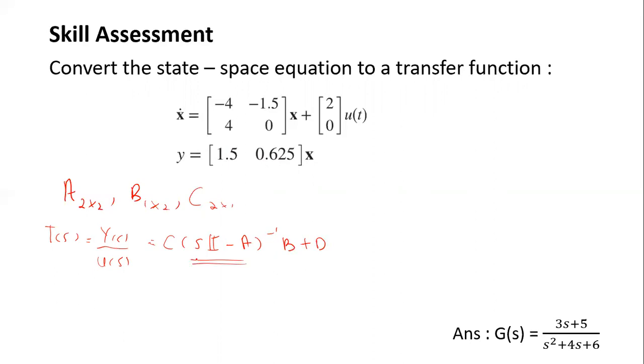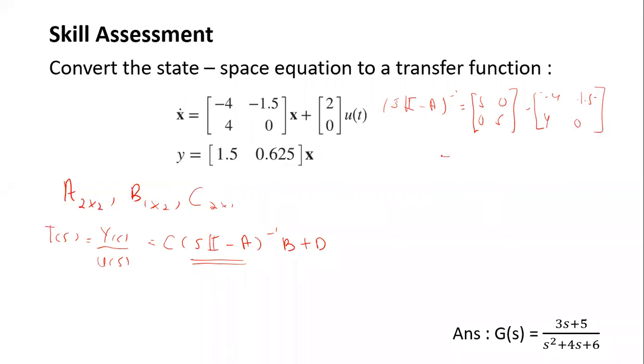So the inverse of (S times identity matrix minus A) is equal to [S 0; 0 S] minus [A: minus 4, minus 1.5, 4 and 0].